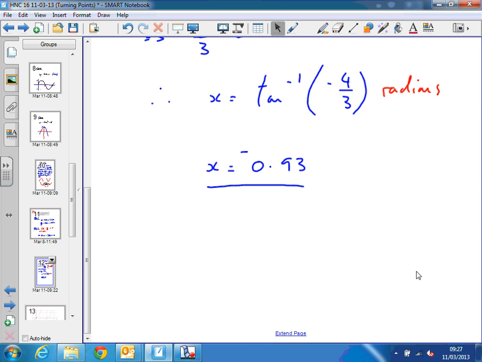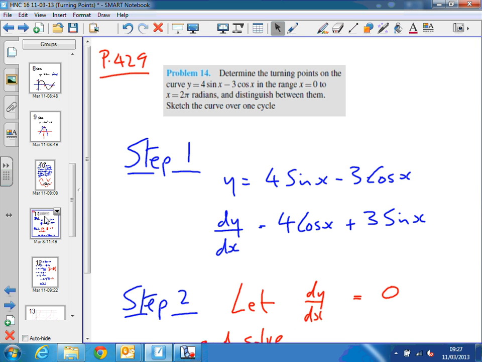And if you look back at the original question, it says find the turning points within the range x equals 0 to x equals 2 pi radians. In other words, within one cycle from 0 to 2 pi radians.